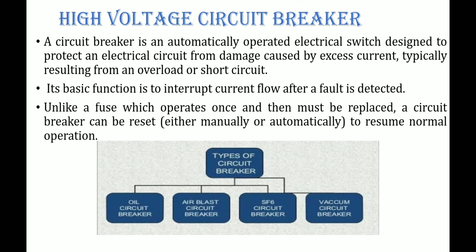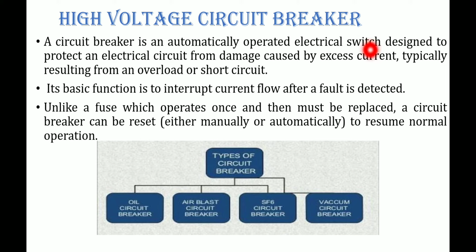Next we'll move on. We already discussed two equipments: one is the transformer, and the second is the high voltage fuse. Then the third important equipment is the high voltage circuit breaker. So what is a circuit breaker? A circuit breaker is an automatically operated electrical switch.